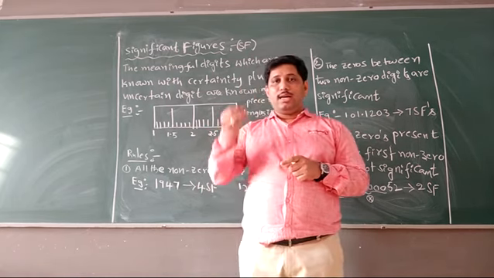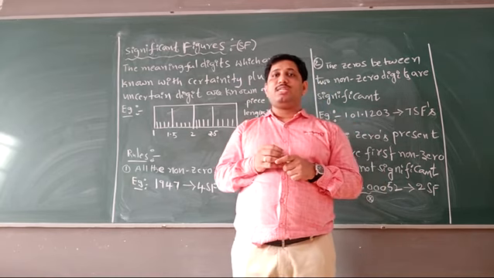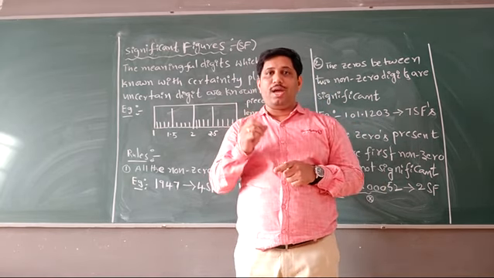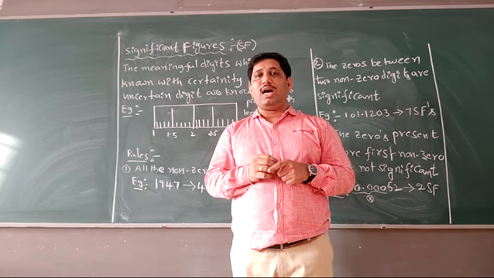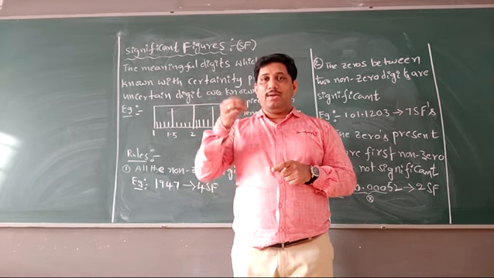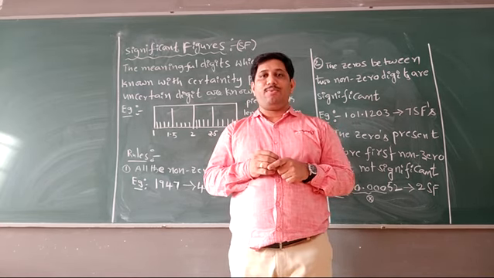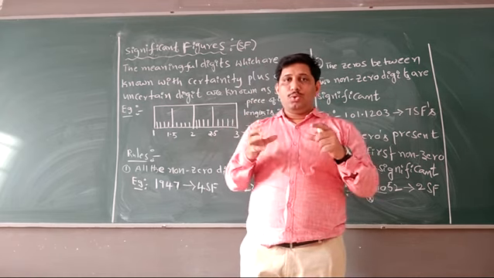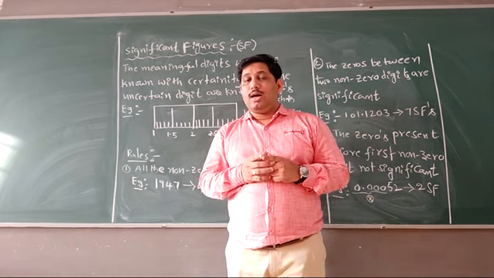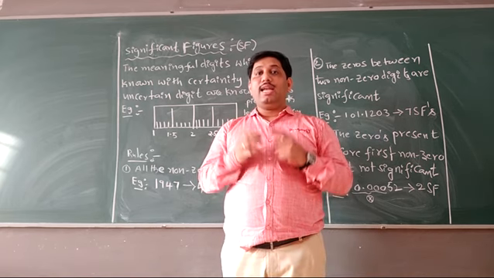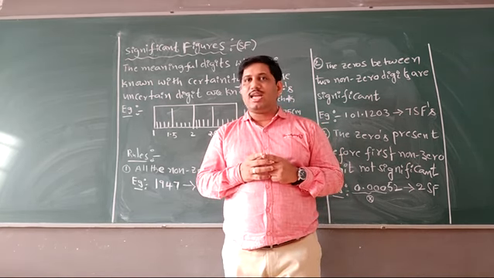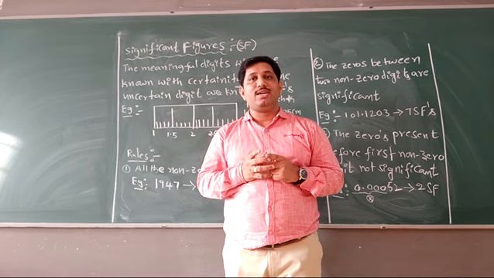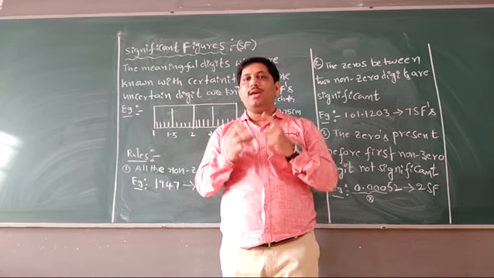That is, the mistake or error present in the measurement is due to two factors: one is the skill of the observer, another one is defects present in the measuring device. To give the result of the experiment in an accurate way, some digits are required. The digits are known as significant figures.